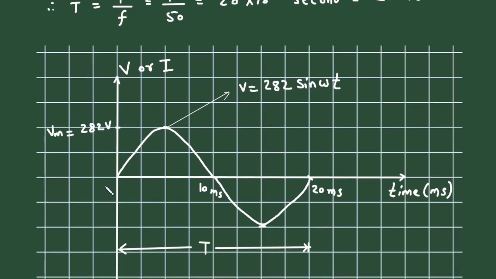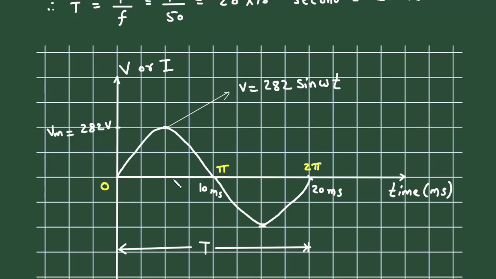So let's say this is 0, this is pi, this is 2 pi. We will take a different color. This is 0, this is pi, this is 2 pi.